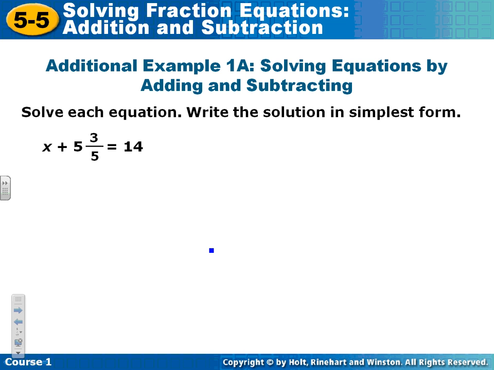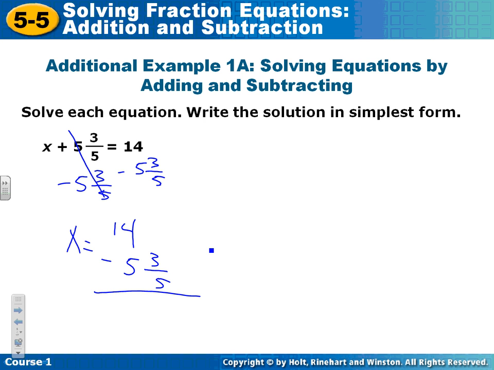Okay, what's the opposite of adding 5 3/5? Minus 5 3/5. Rule number 2 says do it where? Daylene? Minus 5 3/5. All right, that goes away. We're left with x equals this problem, 14 minus 5 3/5.